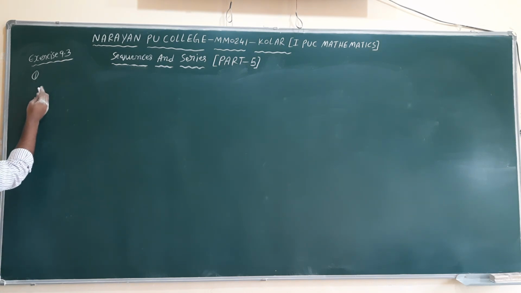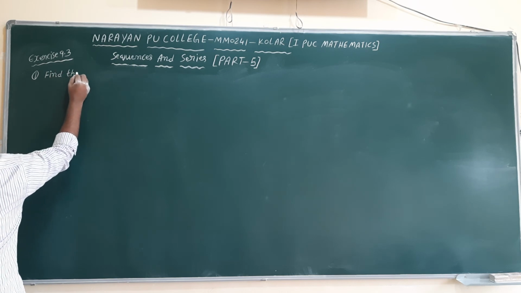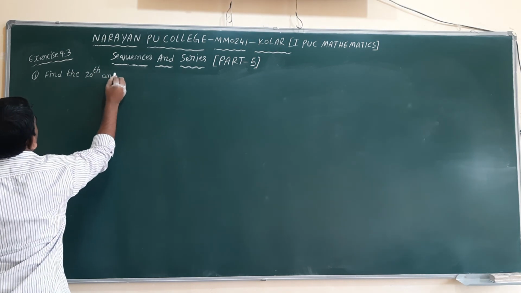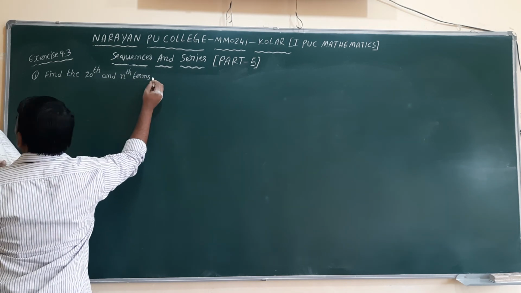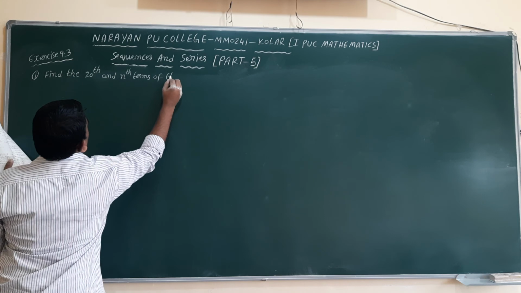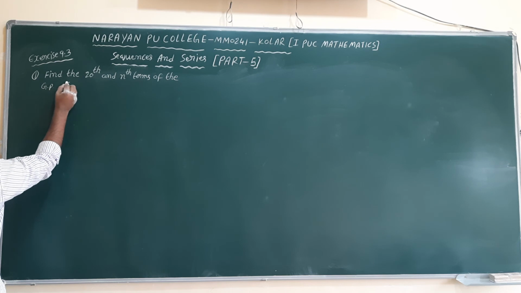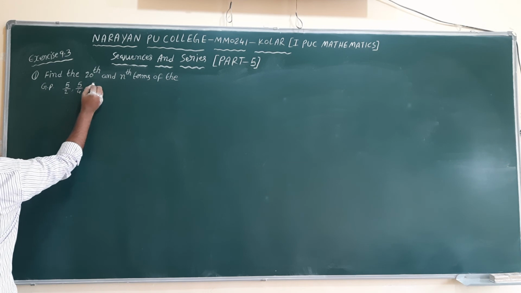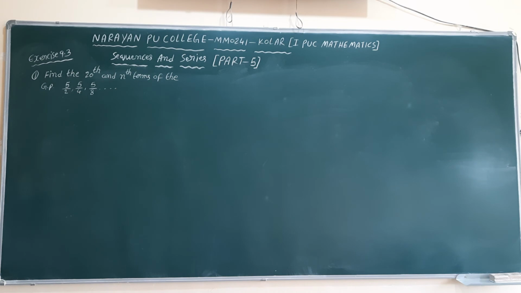So first question, find the 20th and nth terms of the GP 5/2, 5/4, 5/8 and so on. So by using this geometric progression we need to find the 20th term and nth term.